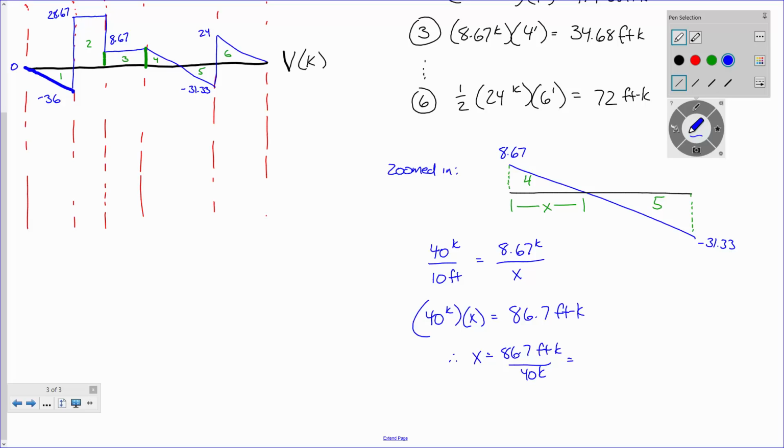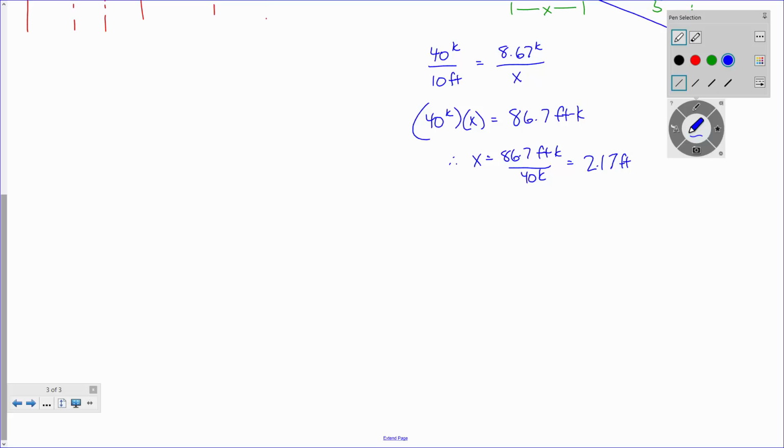And what is that? 2.17, close enough. All right, so if I want to, let me extend that out a little bit.